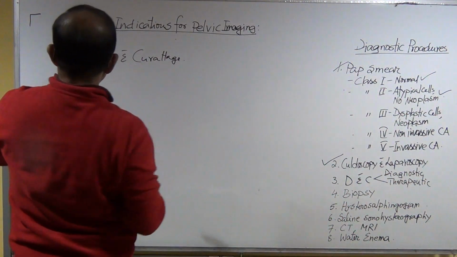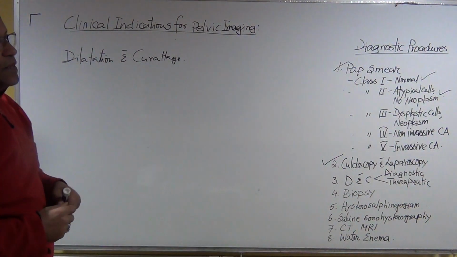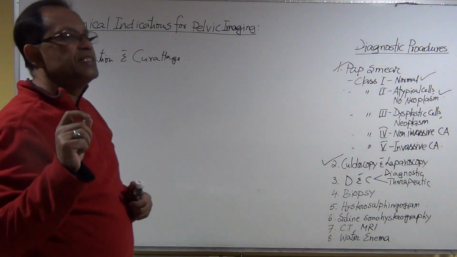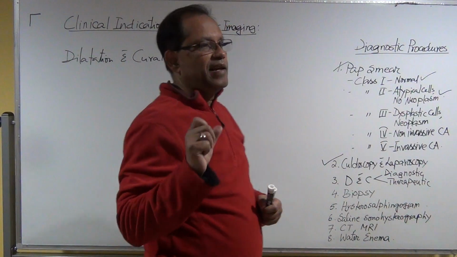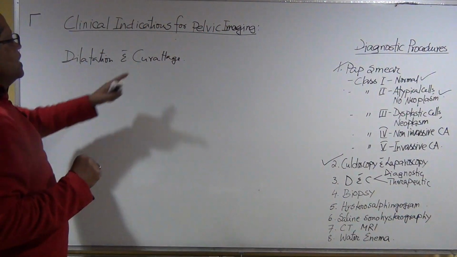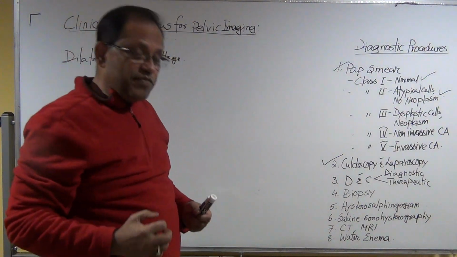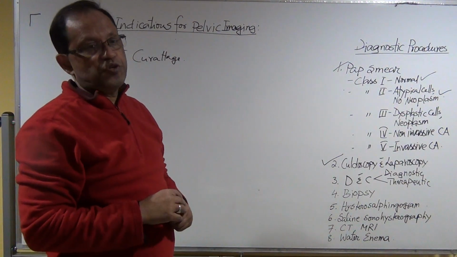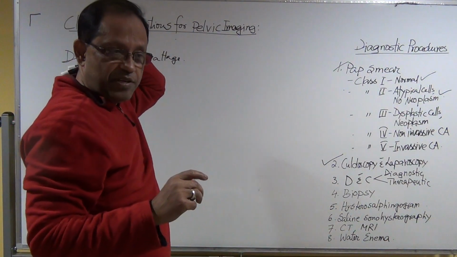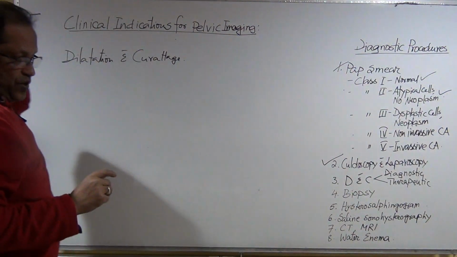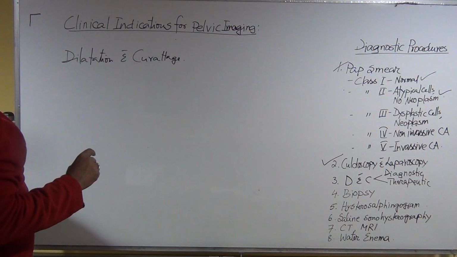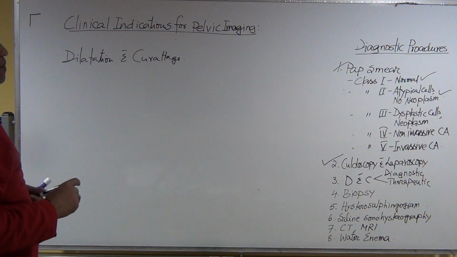D and C. Dilatations of what? Dilatations of the cervical canal. And curettage, the scratching of the endometrial tissue from the uterine cavity. Okay, so that's why its name is dilatations and curettages.